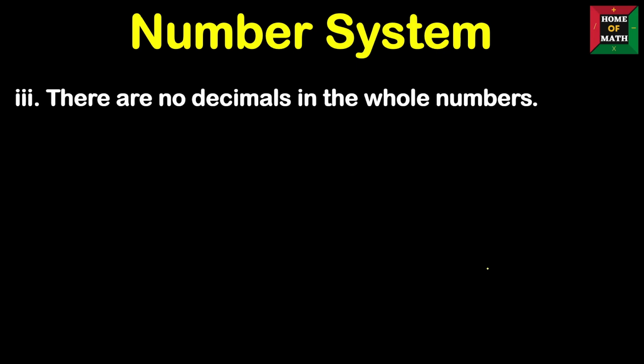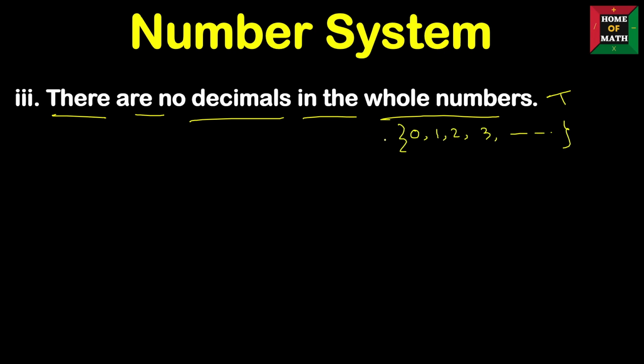Number 3: there are no decimals in the whole numbers. It's also a true statement, because whole numbers are like 0, 1, 2, 3 dot dot dot, and here there is no decimal, no fraction.